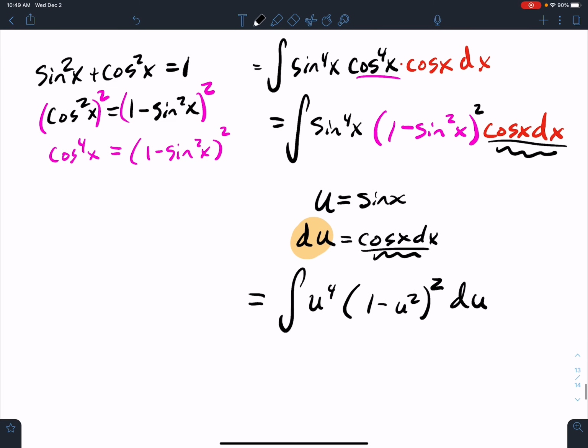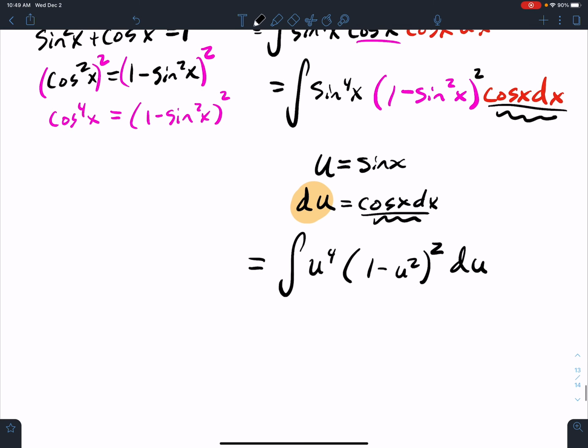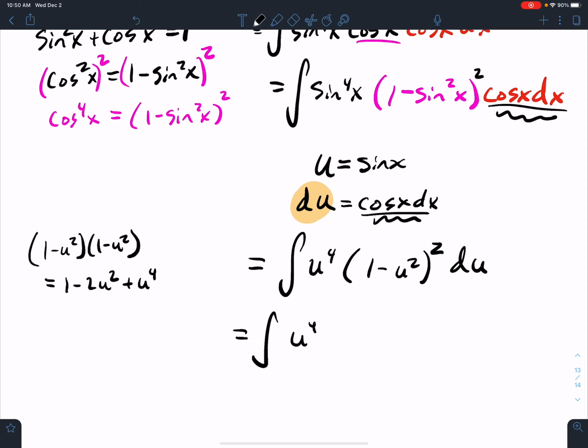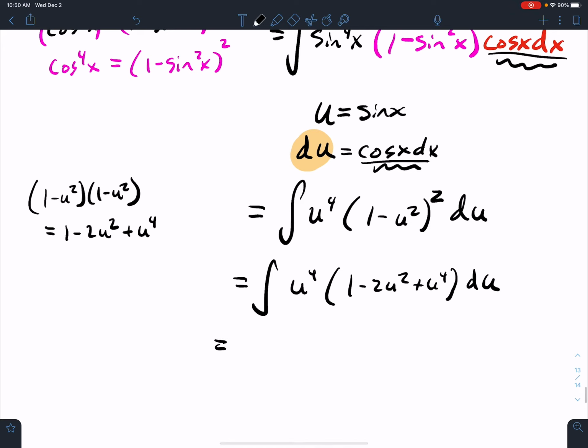So now I need to distribute this out. Distributing out might be the hardest part, maybe not, I don't know. Multiply this out, 1 minus u squared times 1 minus u squared. This is 1 minus 2u squared plus u to the fourth. So I have u to the fourth times 1 minus 2u squared plus u to the fourth, du. Distribute the u to the fourth.